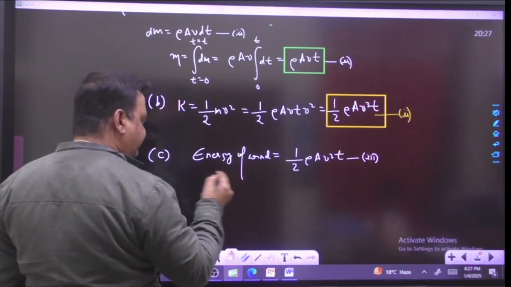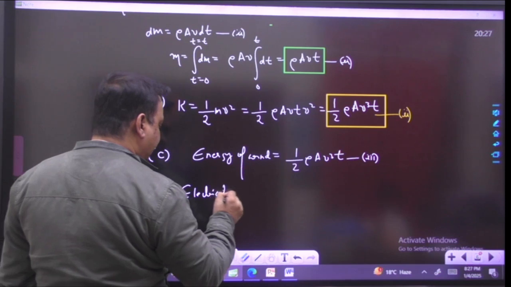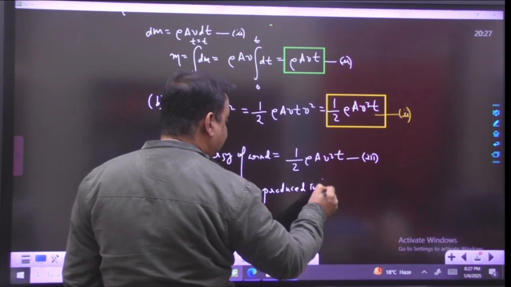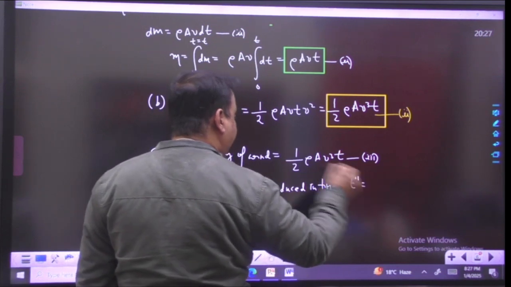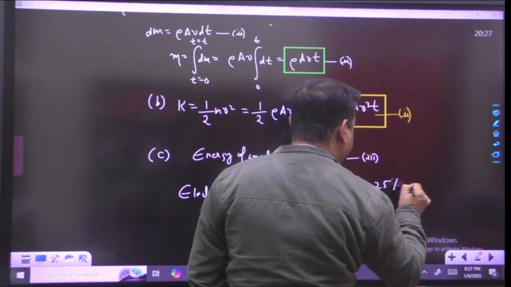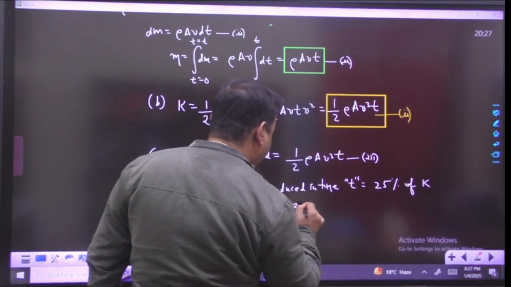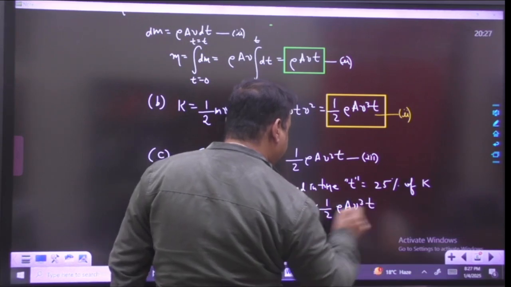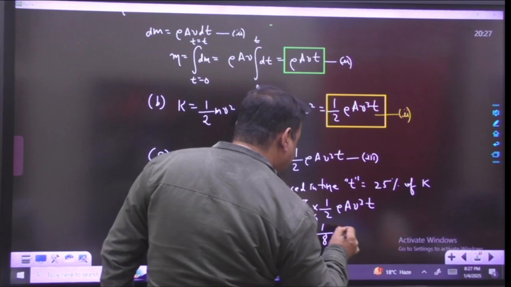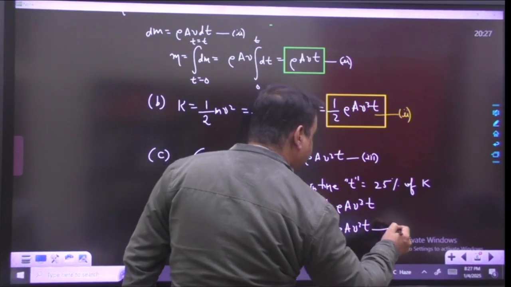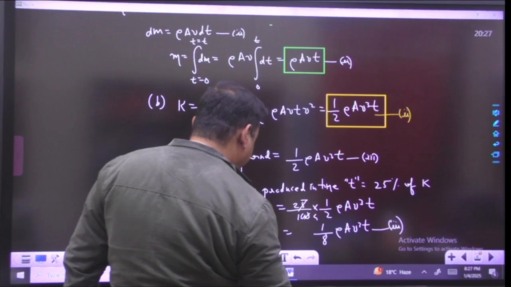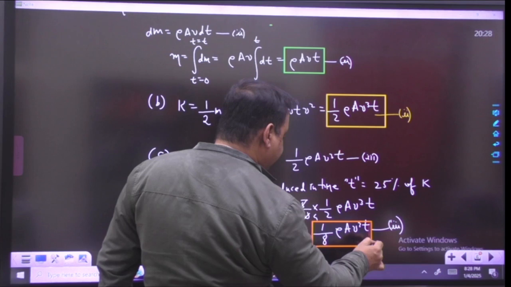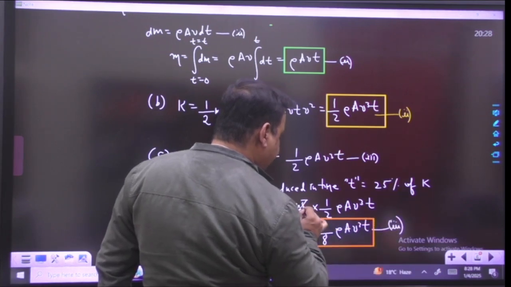So how much electrical energy will be produced? The electrical energy produced in time t is 25% of the kinetic energy. So it will be 25 by 100 of 1 by 2 rho A v cube t. So I'll get 1 by 8 rho A v cube t. This is the amount of electrical energy produced in a time t, correct?